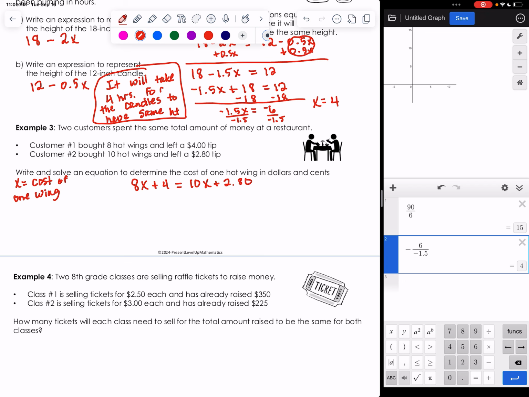Now, looking at the right side, we have a 10x, so I need to subtract 10x from both sides. That gives me negative 2x plus 4 equals 2.80. All right, so subtract 4.